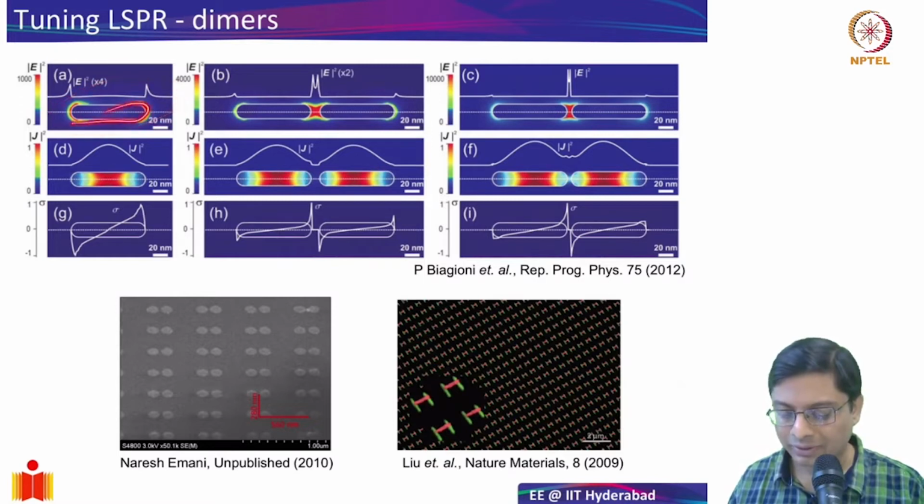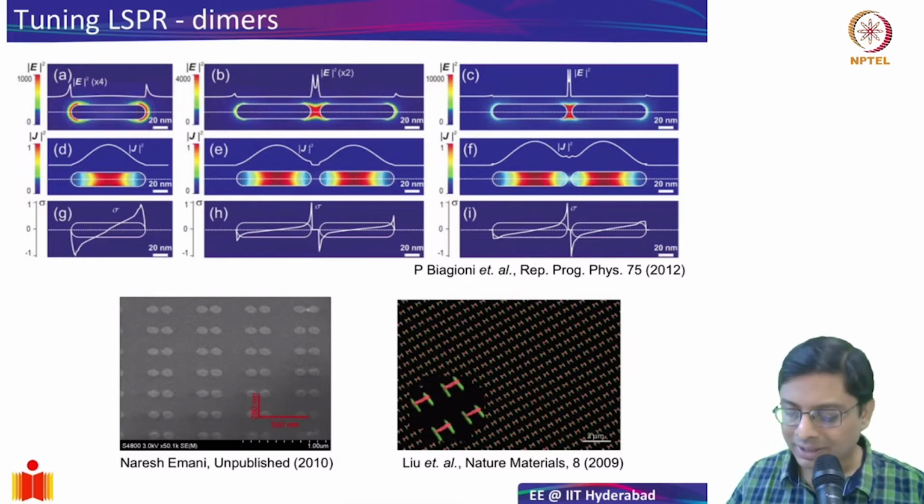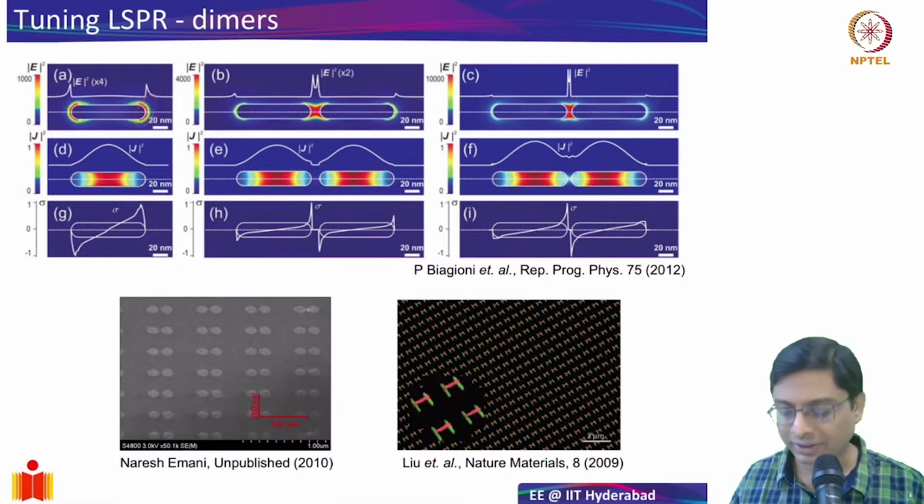Let's say you have a nanorod which is exhibiting hotspots. Hotspots means compared to the background, how much stronger the electric field is at that particular location. And immediately you see that there is a lot of electric field that is concentrated. This is a color picture, and the scale is going up to 4,000 in terms of relative intensity, E square. So you see that on the edges you have this hotspot, and that's a sharp electric field.